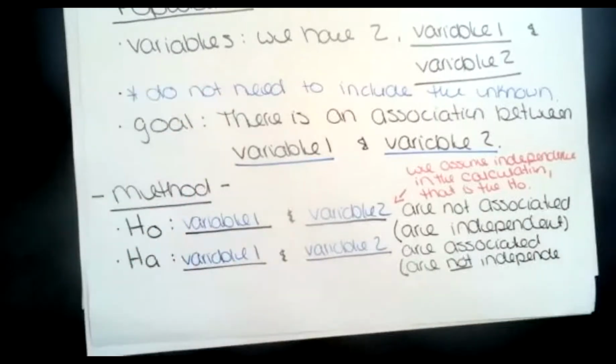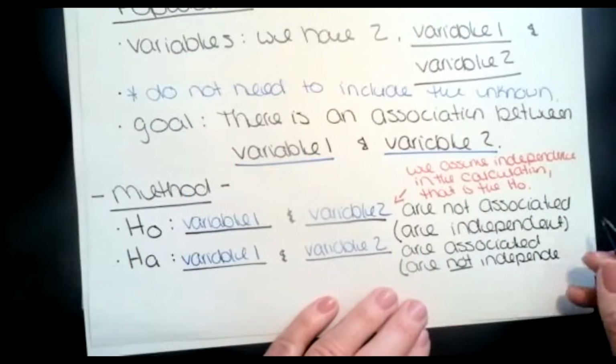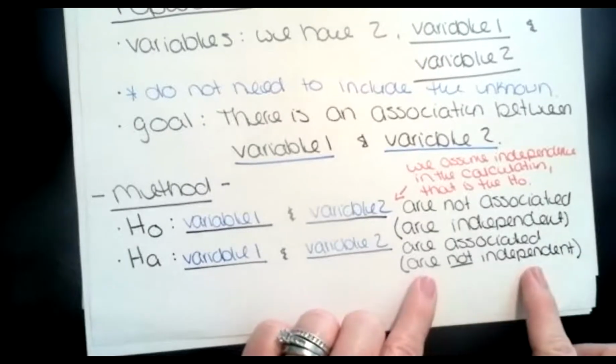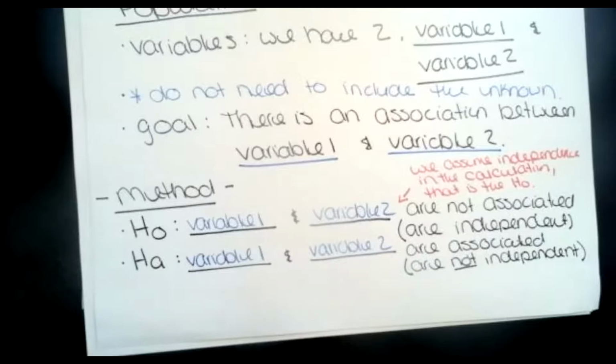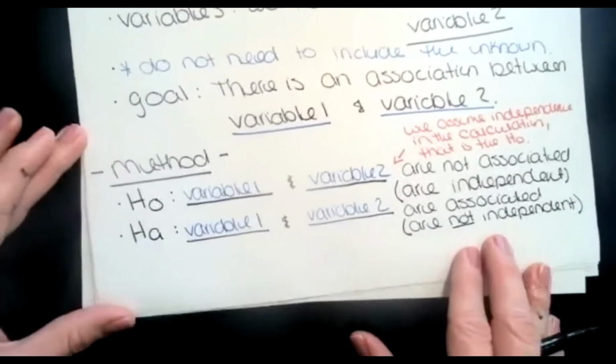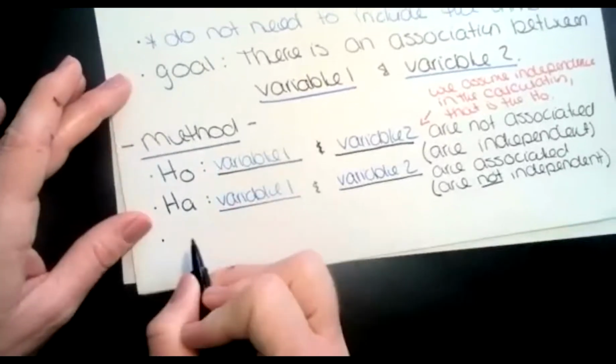You can even say that these are dependent, right? Something's not independent means it's dependent. You can call it that as well. So there's multiple ways you can write this, and I want you to choose whichever way works for you.